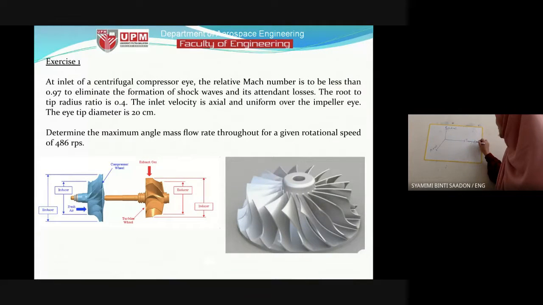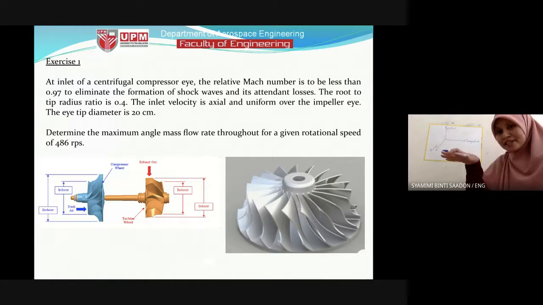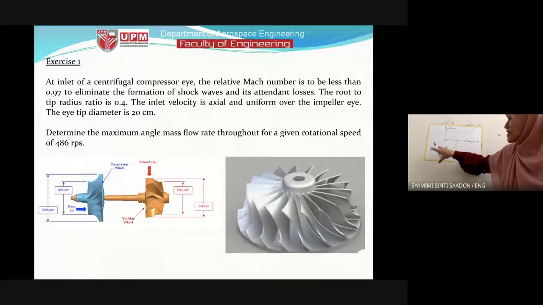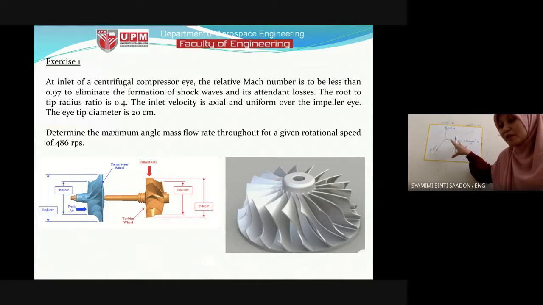For a centrifugal compressor, normally the fluid will enter axially, on this axis. So the triangle will be like this. This plane, axial and tangential, will be the plane for the inlet of the fluid at the compressor. This plane, radial and tangential, will be the plane for the outlet.